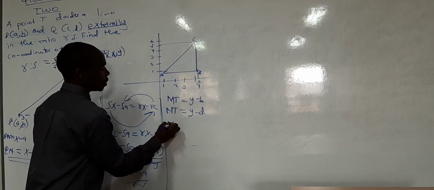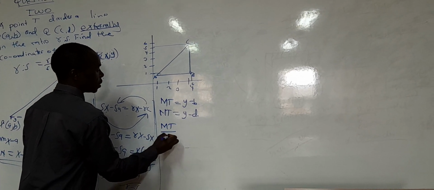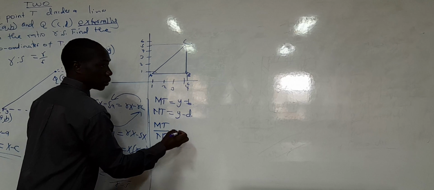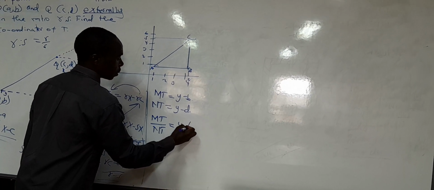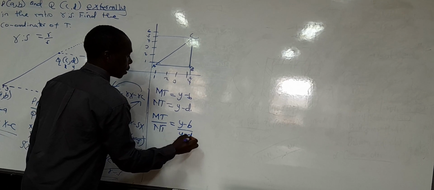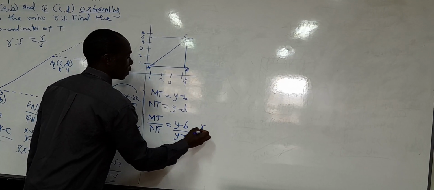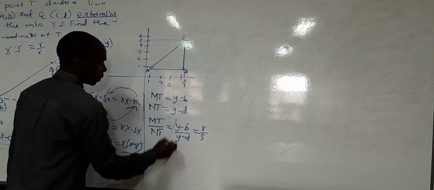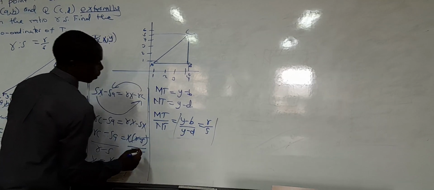So you see that MT divided by NT should be equals to (y − b) all over (y − b), and this is the same as r divided by s. So let us take these two and compare.